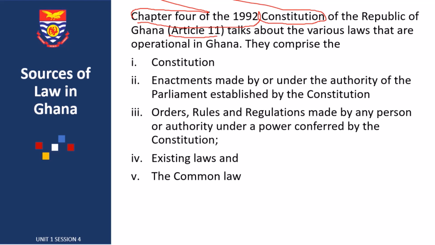And it has been arranged in a particular order, meaning the first one is the highest law, followed by the next one, followed by the subsequent one. Now the Constitution is the primary or the supreme law of the land.